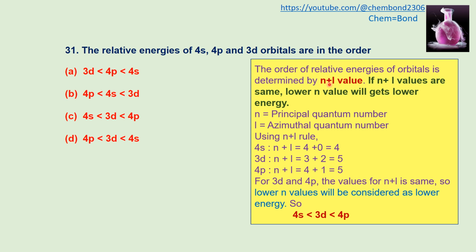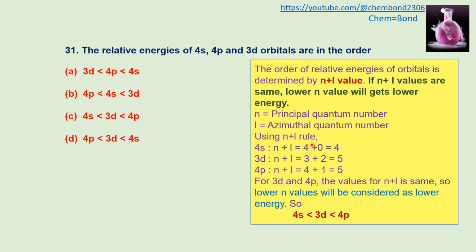If the value of n plus l is the same, then we look at the principal quantum number n. Here n is the principal quantum number and l is the azimuthal quantum number.